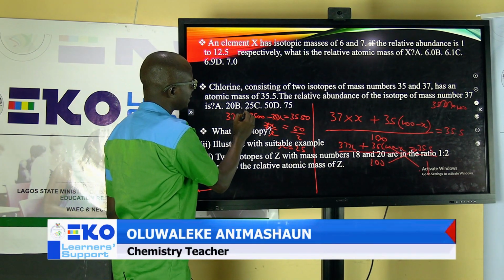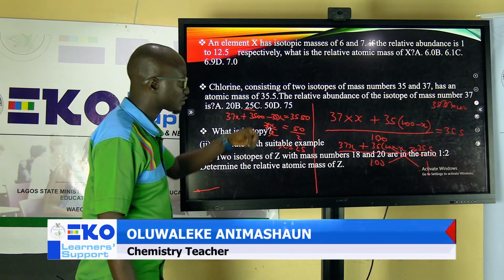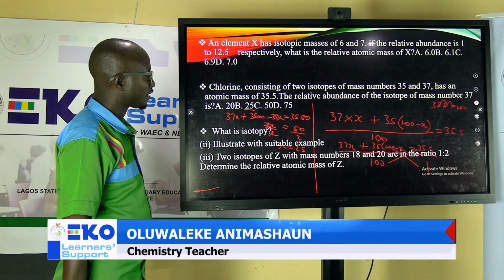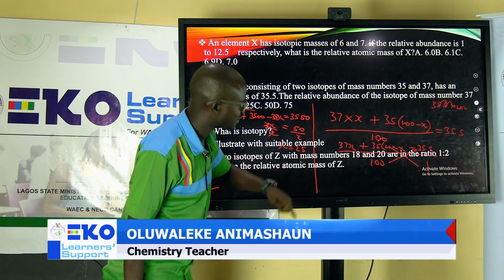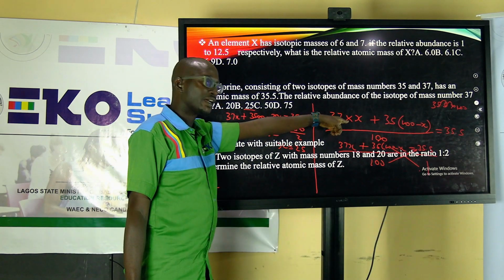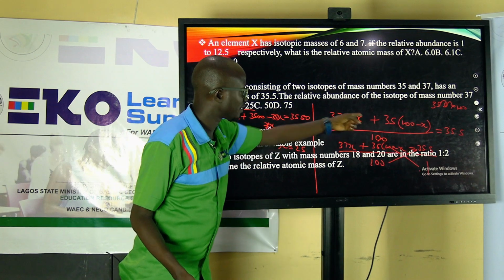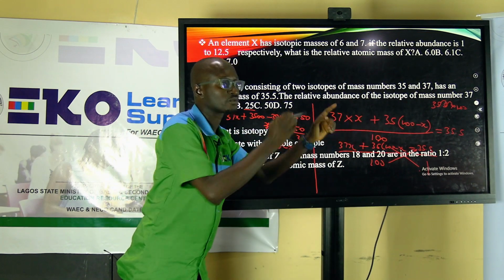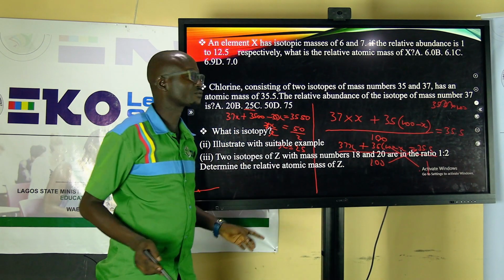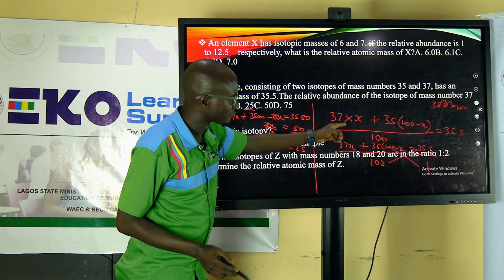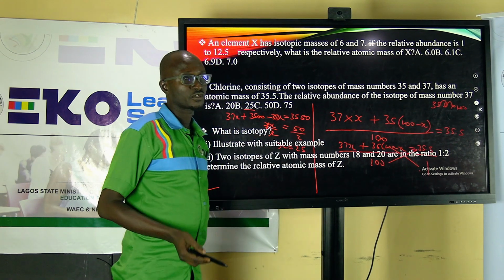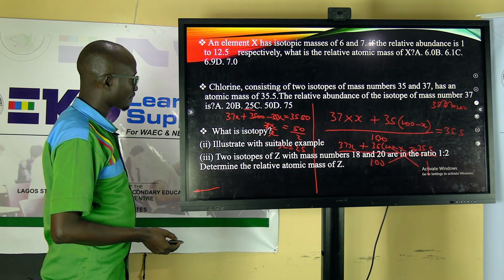So our answer is 25 because we are looking for that of the 37. That's why I advise students, whatever you're looking for, make it your x, because some students tend to forget. If you had made that of 35 your x, some students will just stop there and rush to the next question. But if you have made what you're looking for your x, you will not forget.